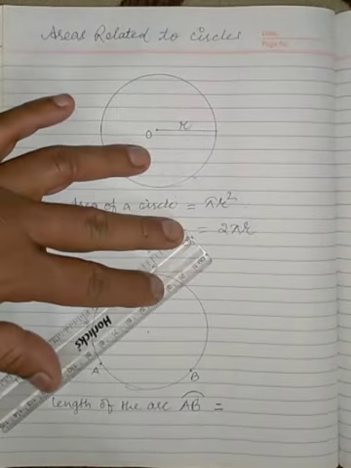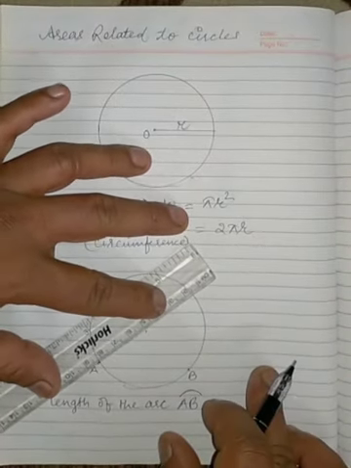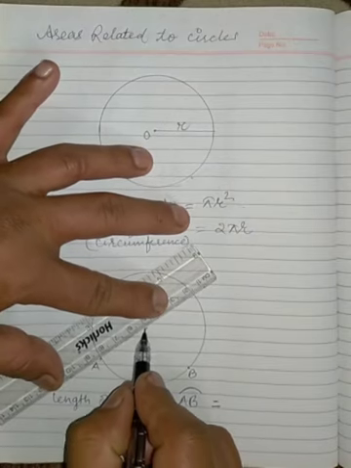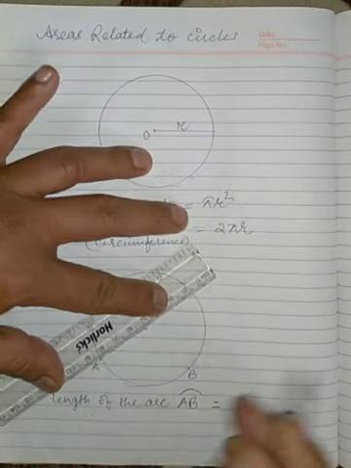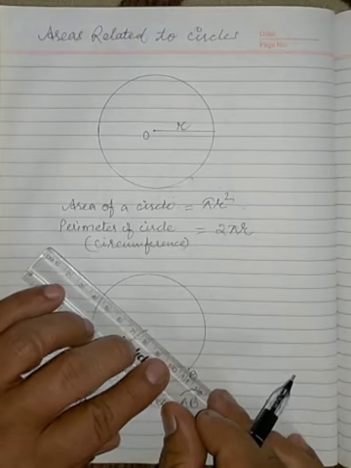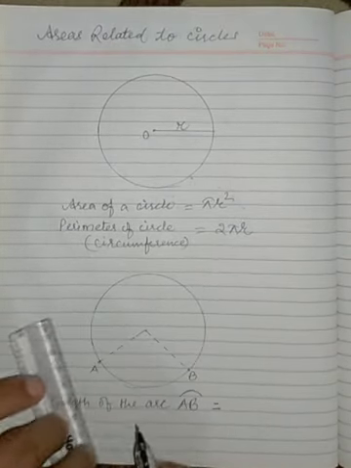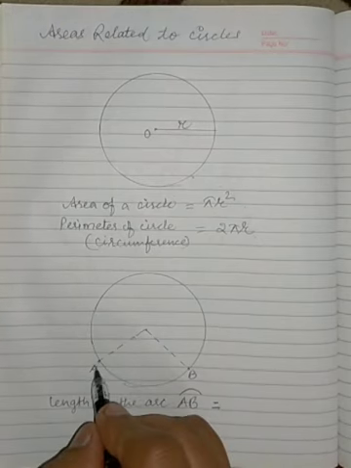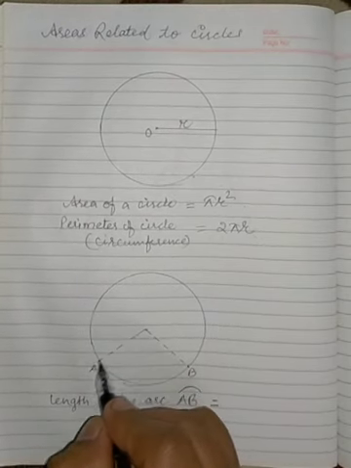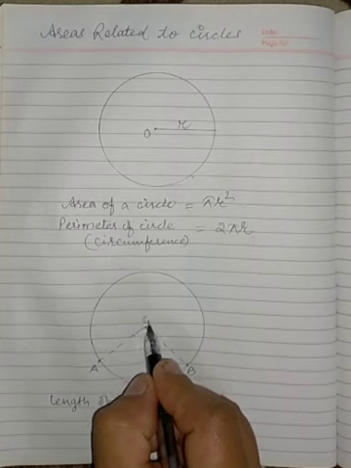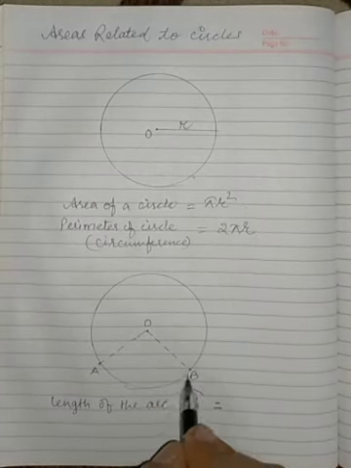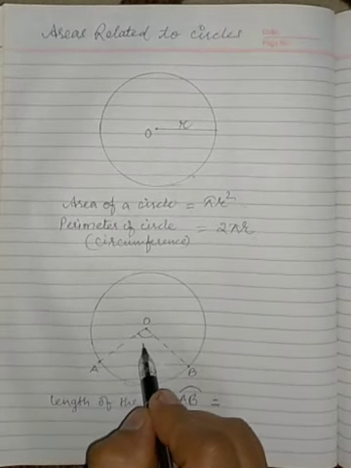Now suppose we join these 2 points, so the angle made between the center and the arc we can consider as theta.